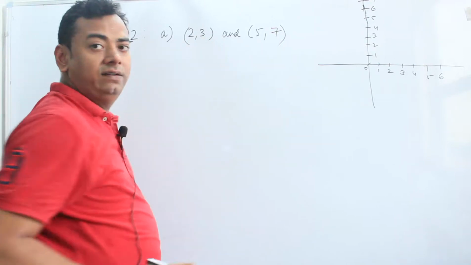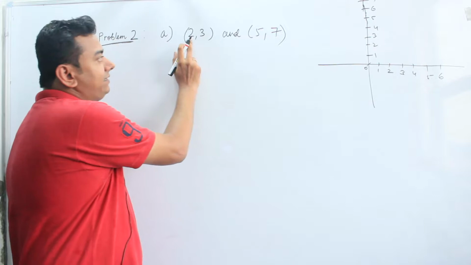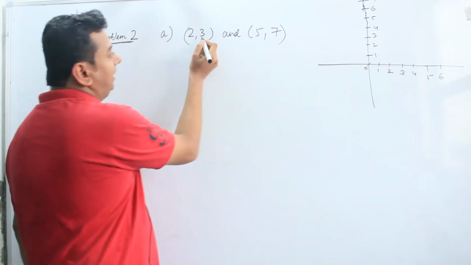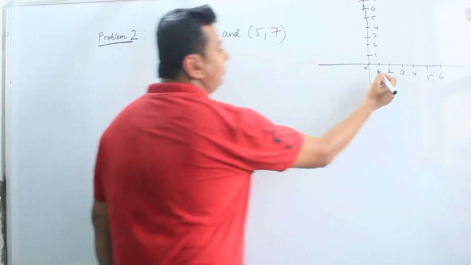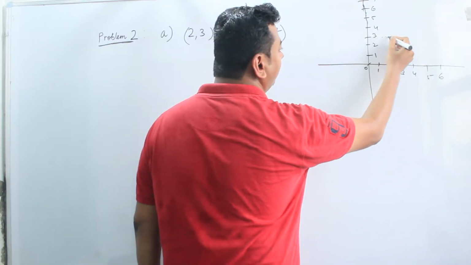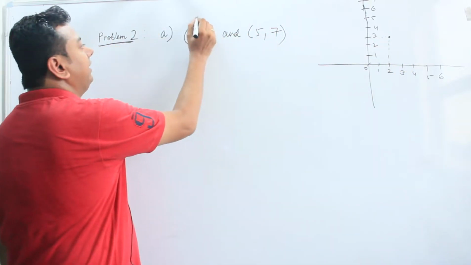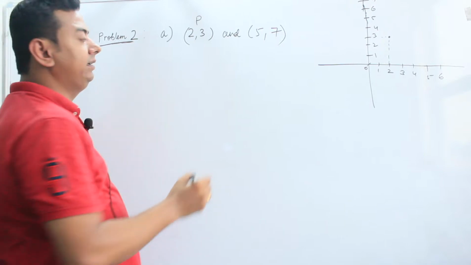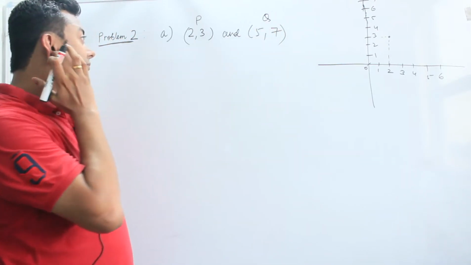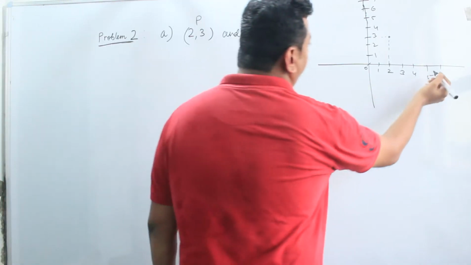The point 2, 3: on the X-axis, that is the abscissa, it is 2, and the ordinate is 3. So 2 in X and 3 in Y. So this is the point. I'm calling it point P. Let this other point be Q, right? Now point Q is 5, 7.